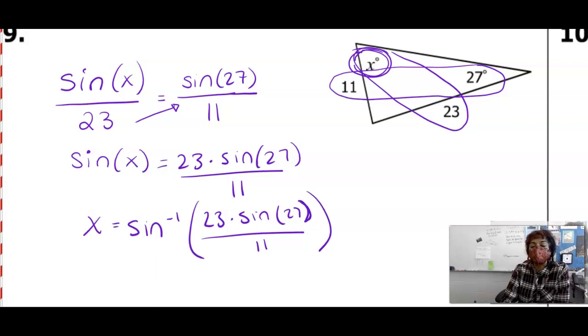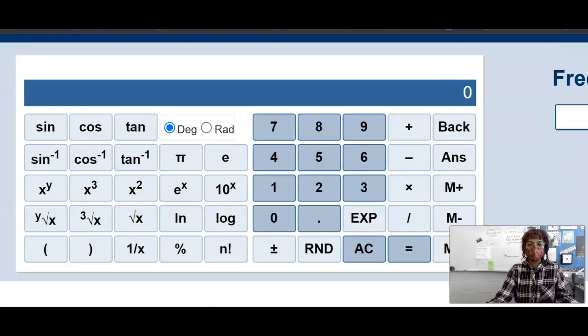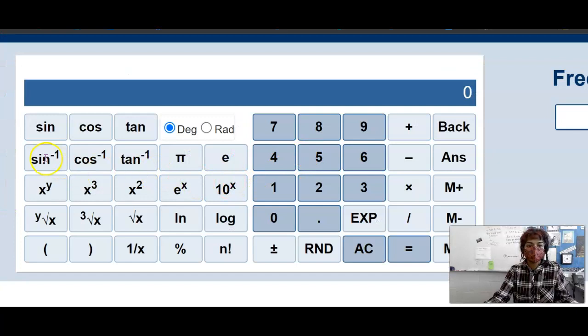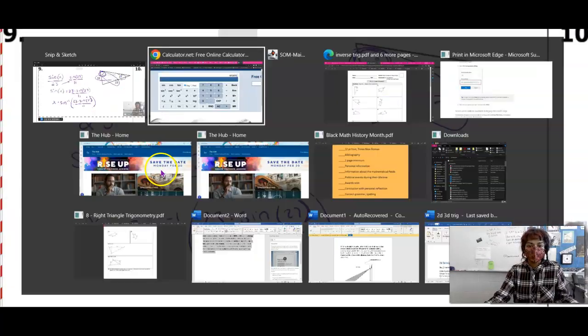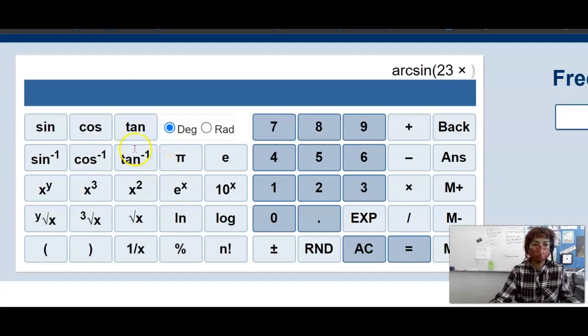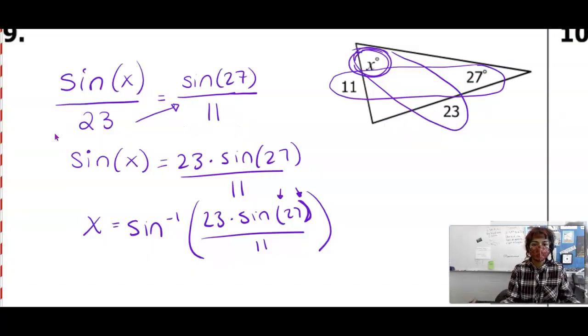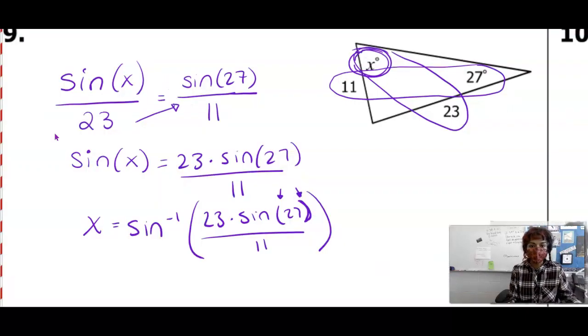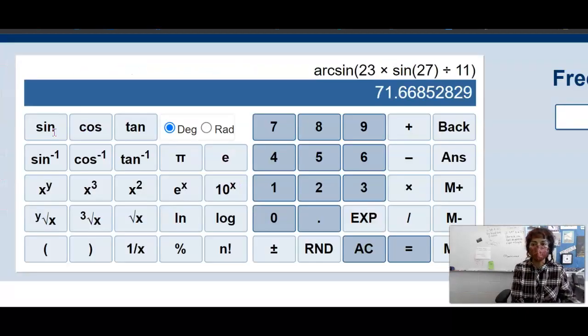Okay, so the problem is that you have to close these parentheses in your calculator before you can move on. Okay, so we want sine inverse. So I'm going to do sine inverse 23 times sine 27, but close parentheses and then divide by 11 and then finally close your parentheses.